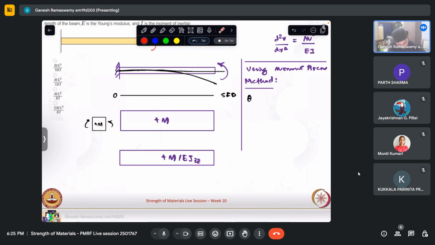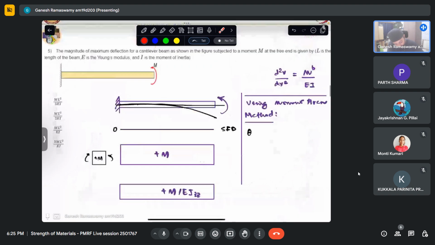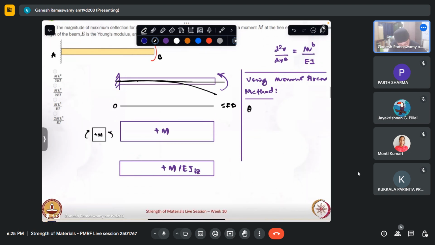So if I were to call this A and call this B, theta B minus theta A is the area of this MB by EIZZ diagram between these 2 points, between B and A.